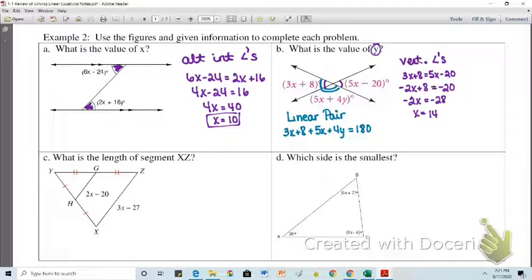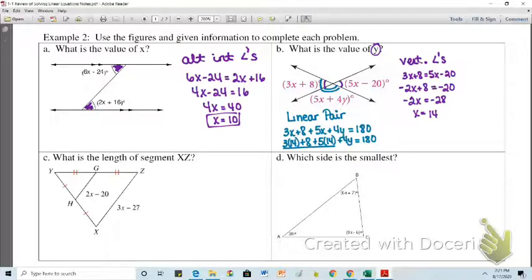So from here, we already know that x equals 14, so we're going to just plug that in. So 3 times 14 plus 8 plus 5 times 14 plus 4y equals 180. I'm going to just put all of that in the calculator.